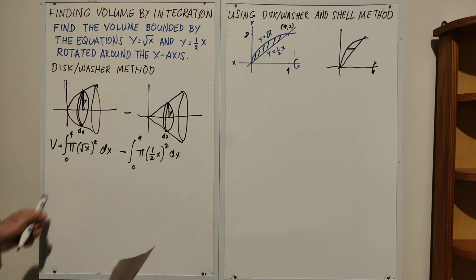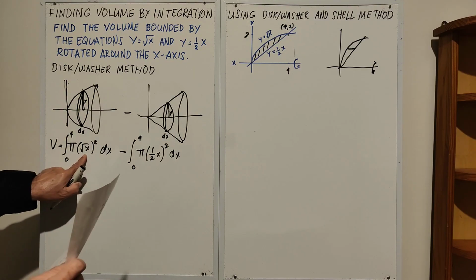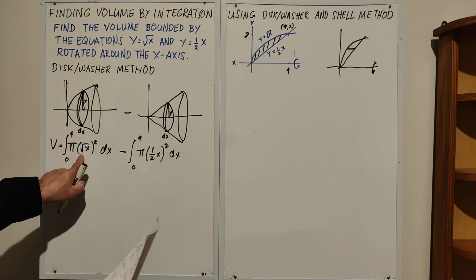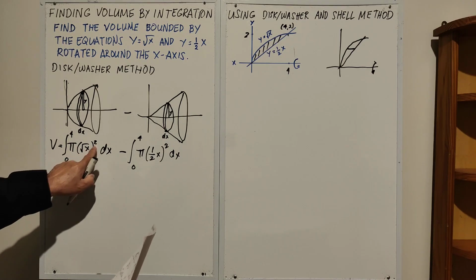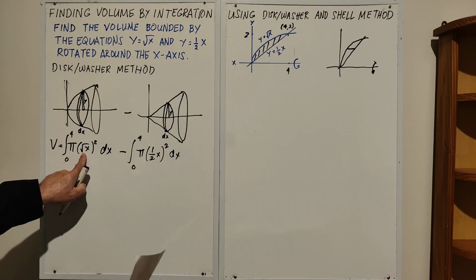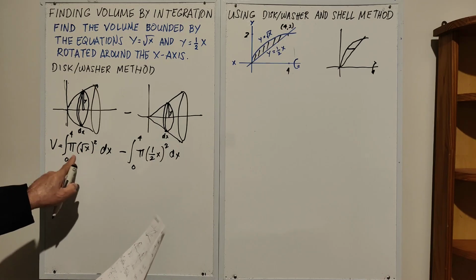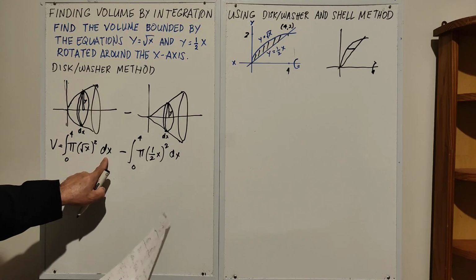Now the square root of x squared will become x. So this will be pi x dx.